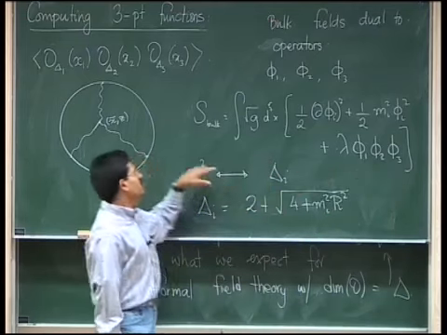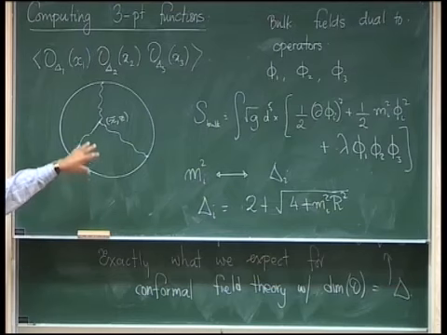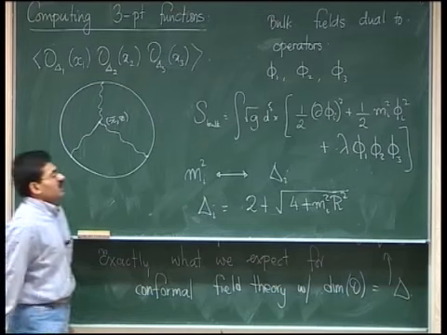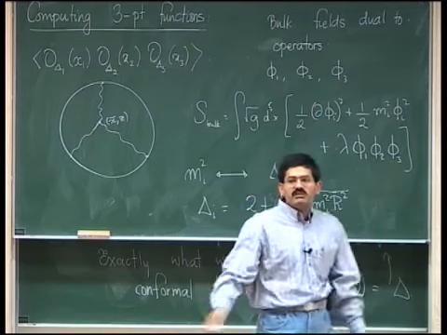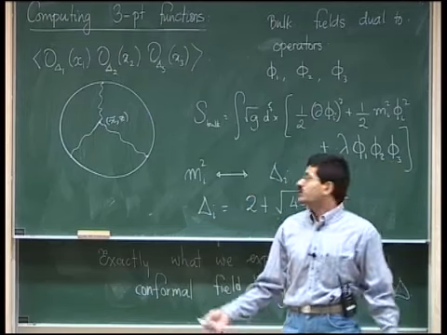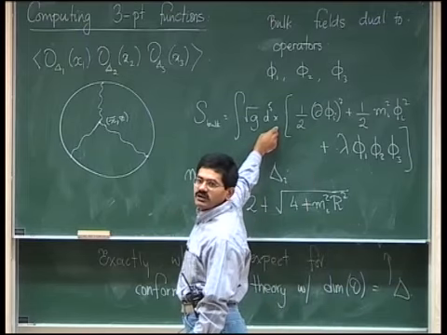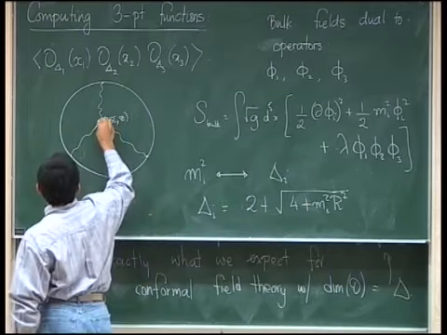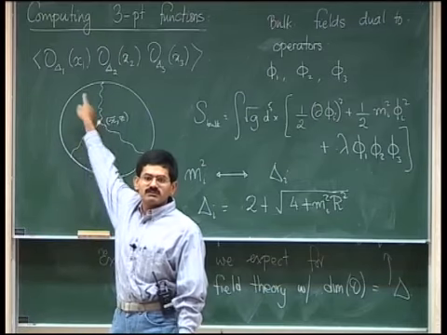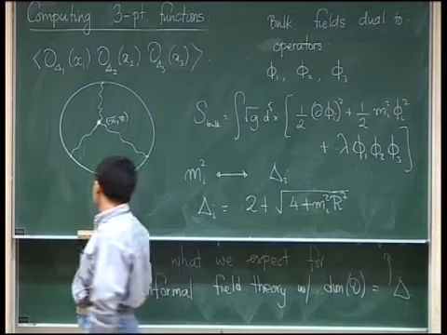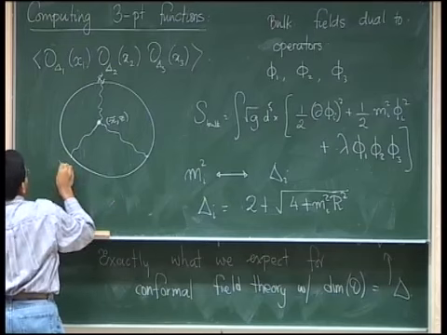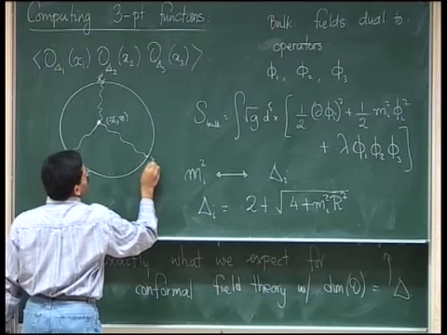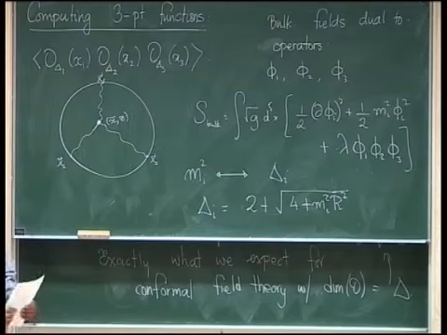So diagrammatically, what I want to compute is precisely this kind of diagram, but the point where the 3 sources, the 3 fields meet can be anywhere in the bulk, because there is an integral over the bulk point. So I have to integrate over this point throughout the bulk. So to finish off this diagram, here was x1, x2, x3.